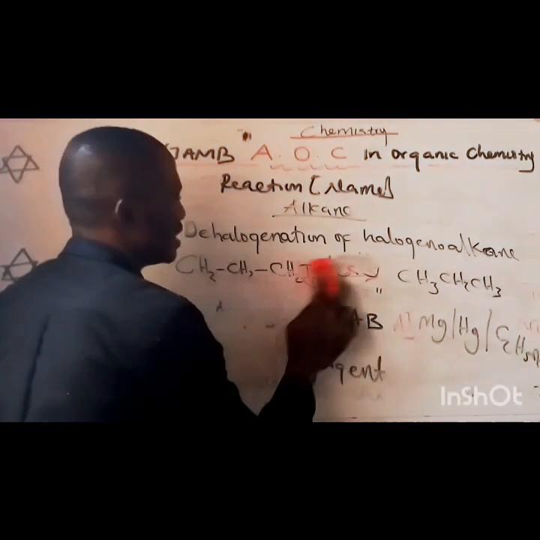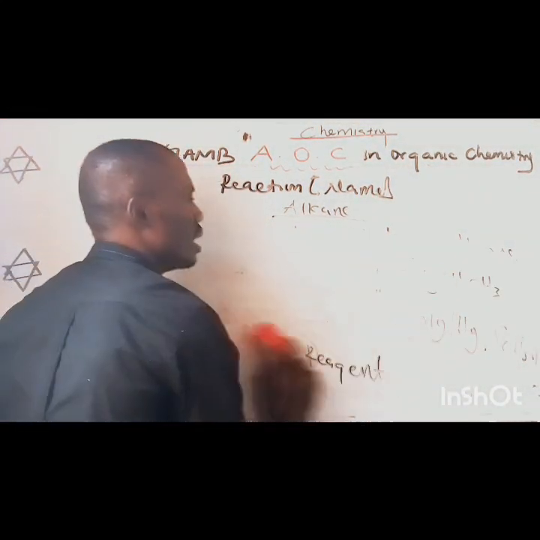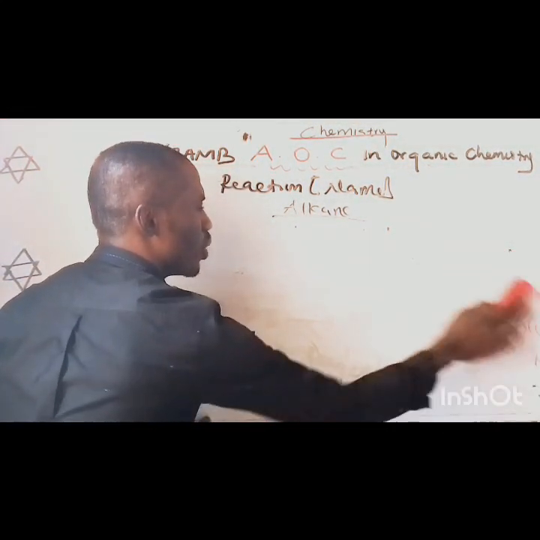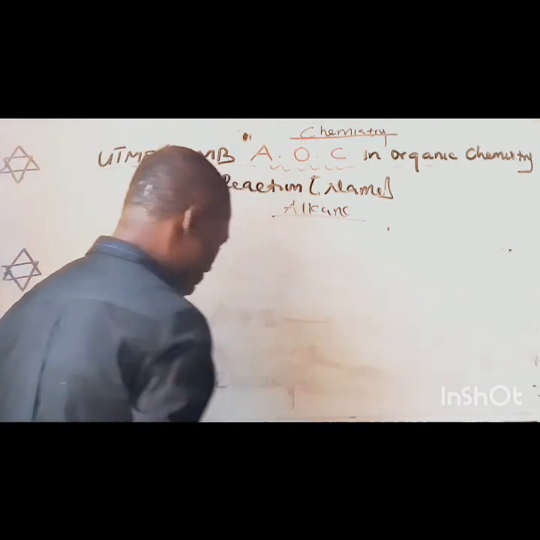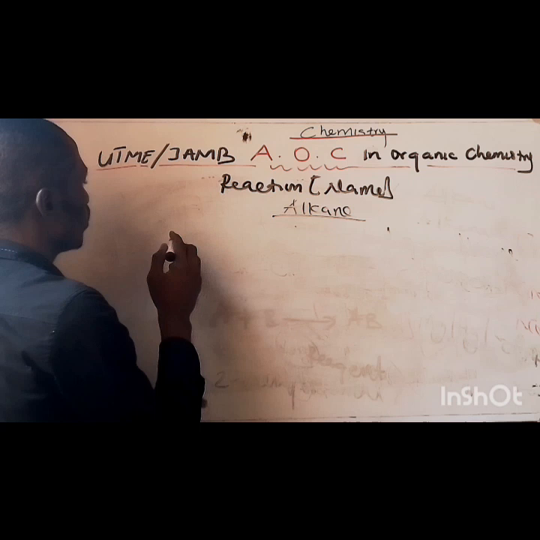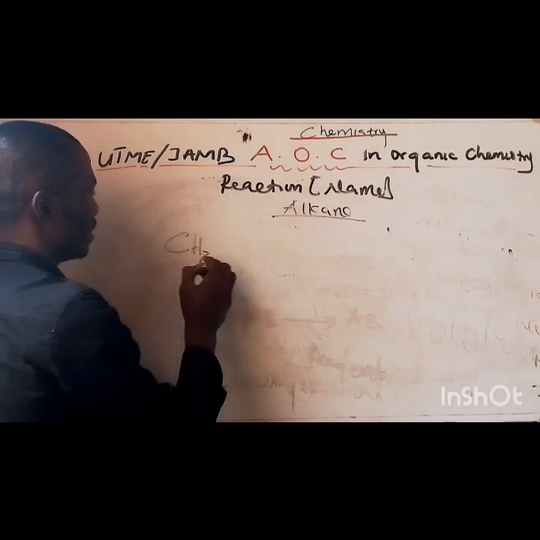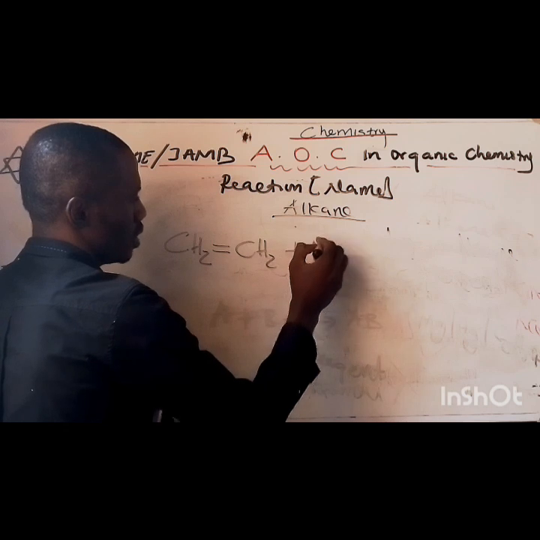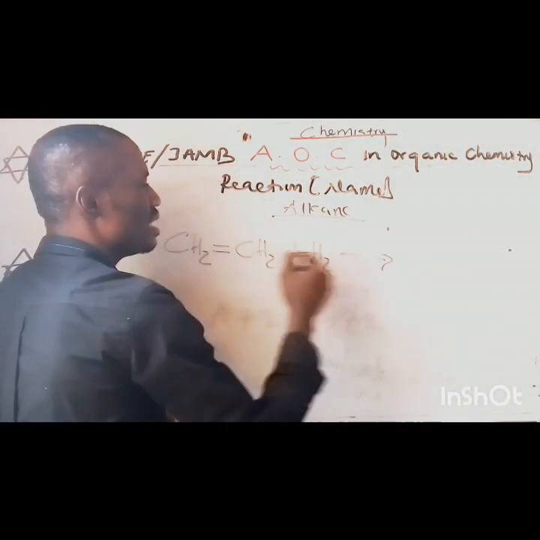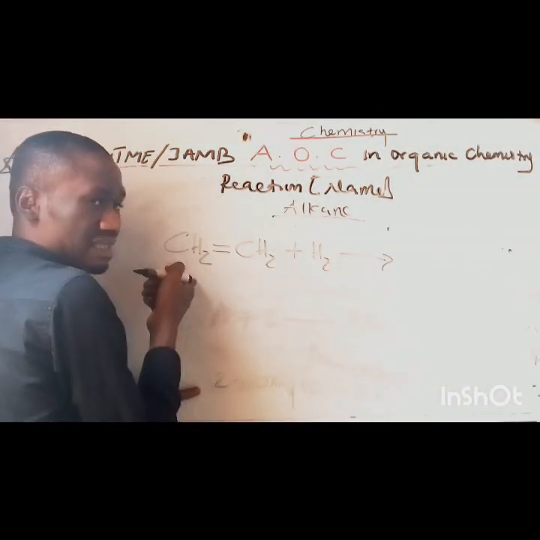Now, let me give you another example. Let's say the production of alkane from alkane. We want to produce alkane from alkane. Now, this guy is the reactant, all right?